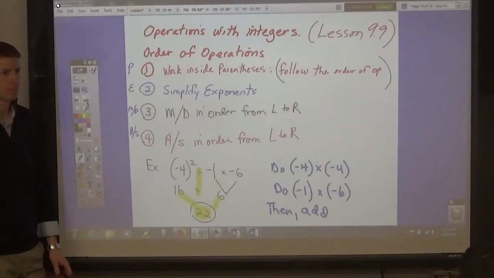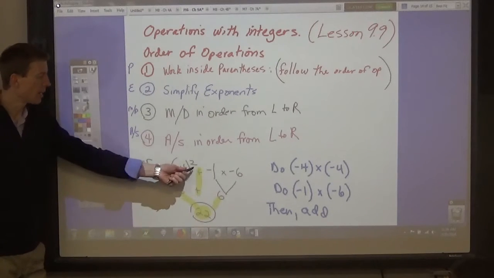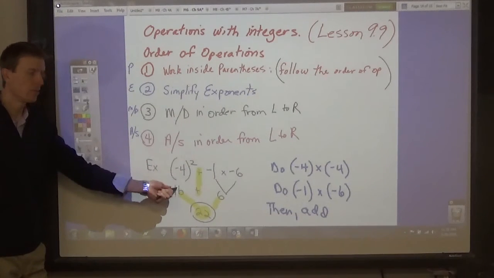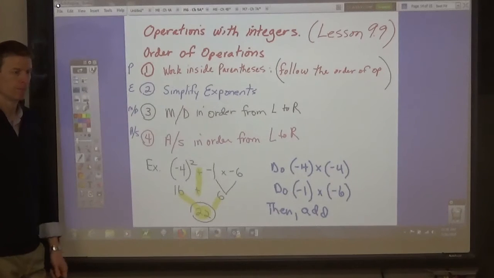I don't get it. I mean, I get it, okay, but I don't know why. Because the exponent is in the parentheses, so you don't really do it first. Yes, you do. Why? Because the exponent applies to -4.